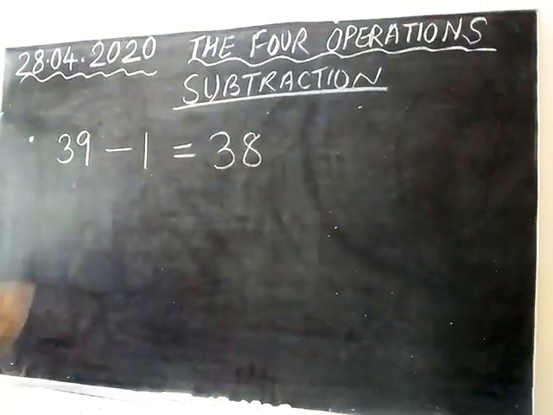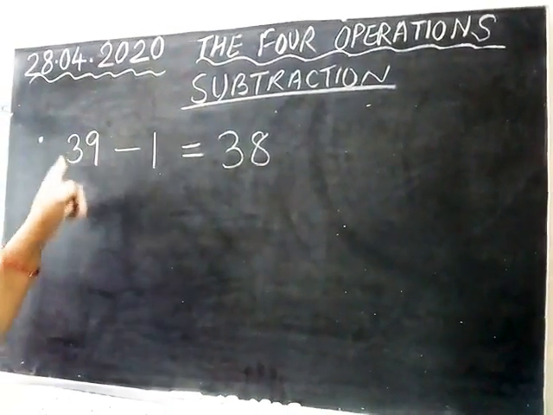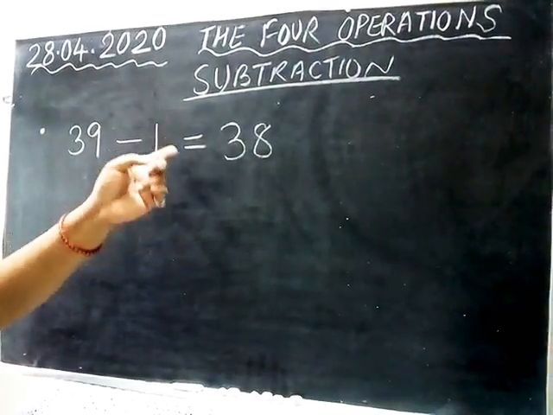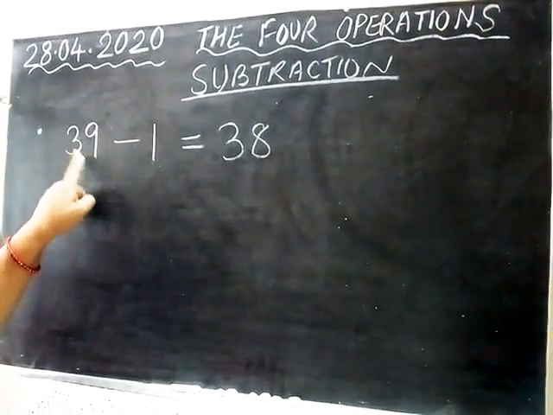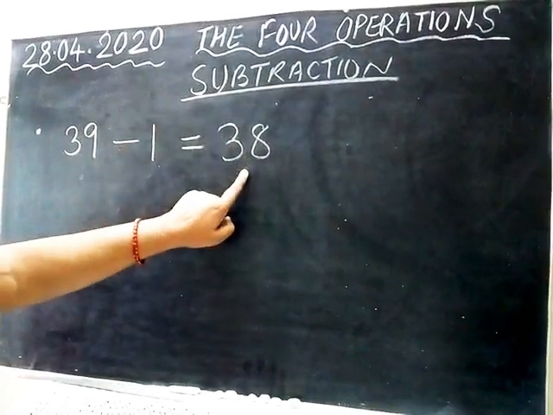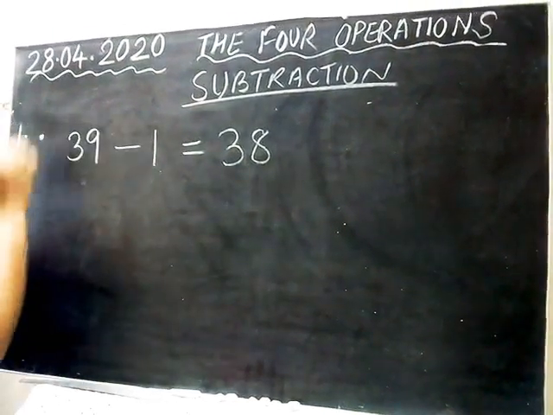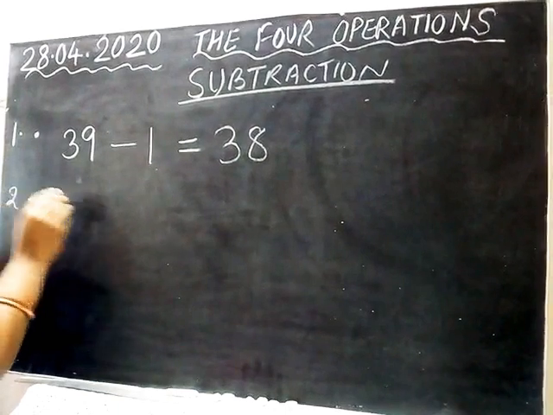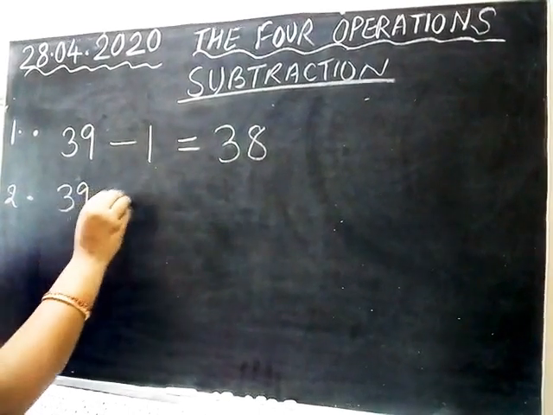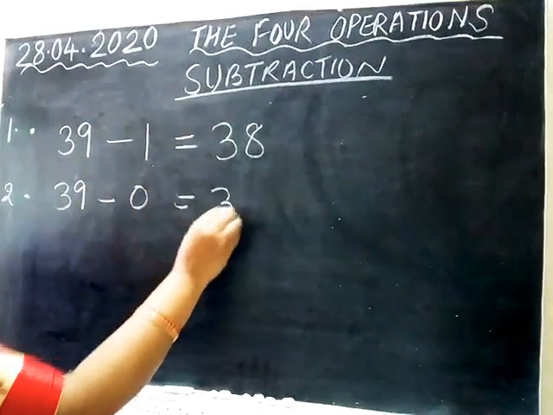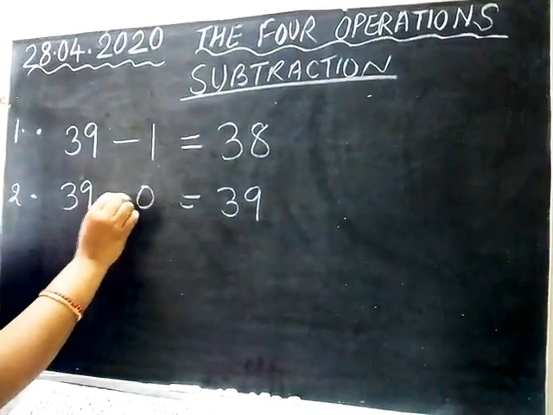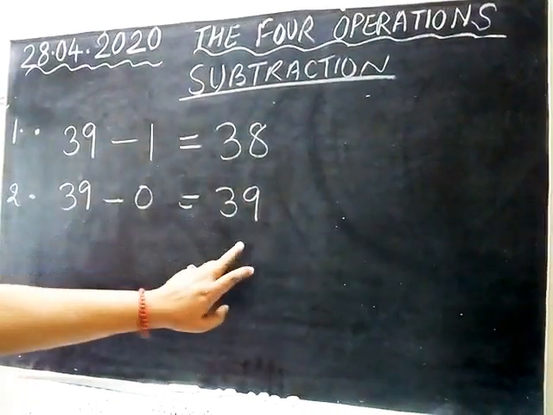What was in addition? When 1 was added to a number, we get the successor of that number. Here it is just opposite. When 1 is subtracted from a number, we get the predecessor of that number. Second property is that when 0 is subtracted from a number, we get the number itself.